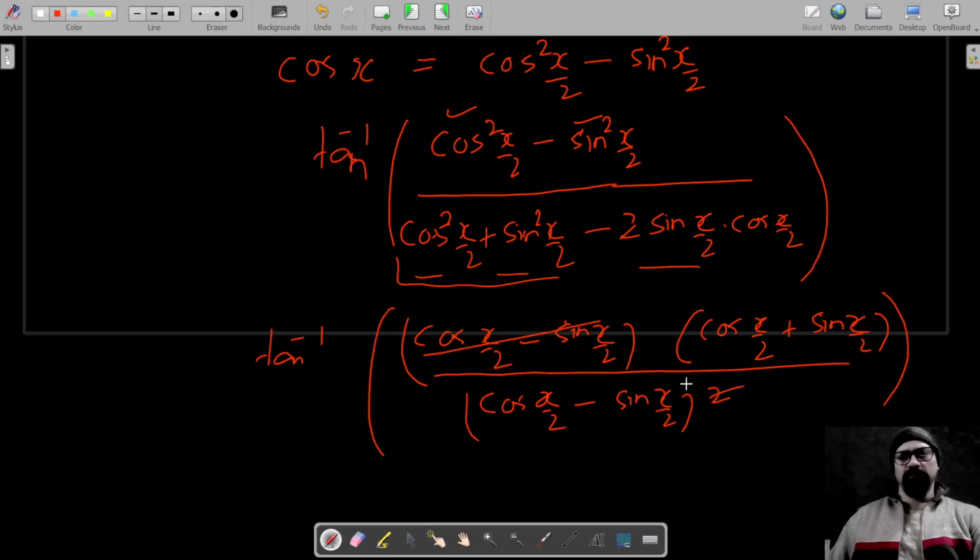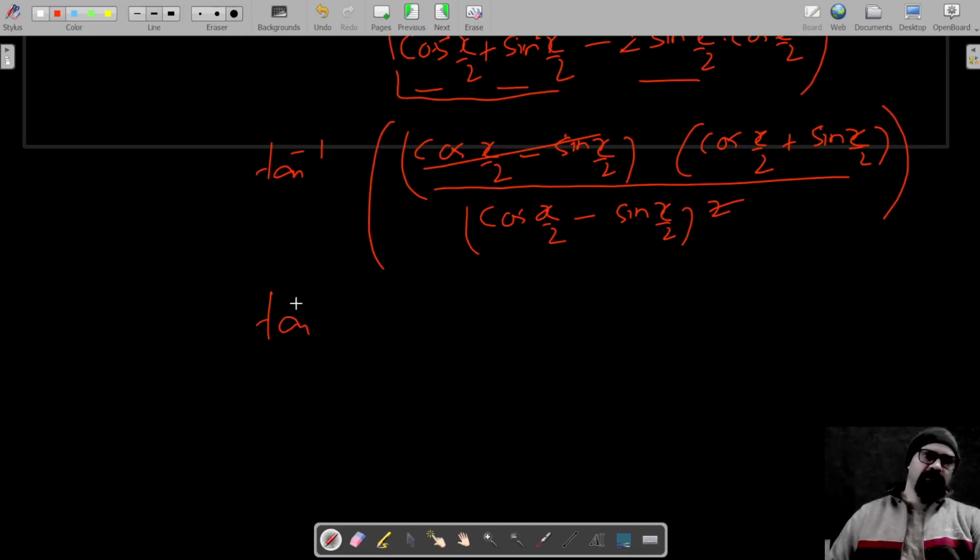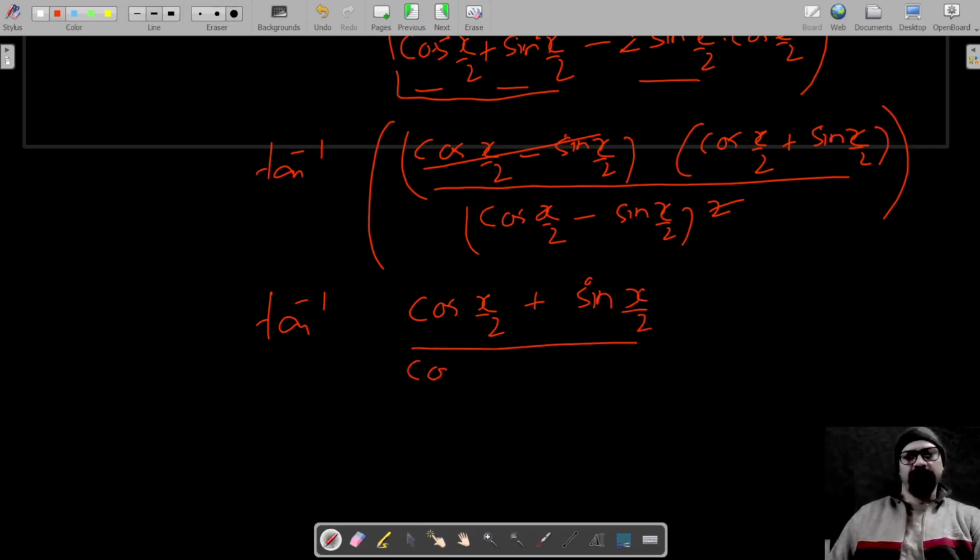So finally we are left with tan inverse of cos x by 2 plus sine x by 2 upon cos x by 2 minus sine x by 2.